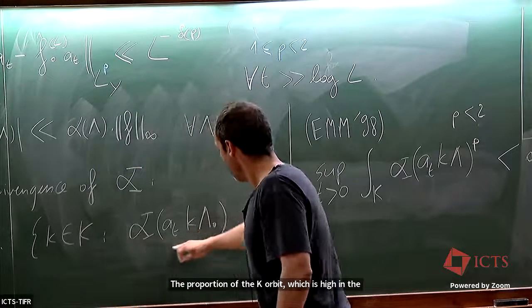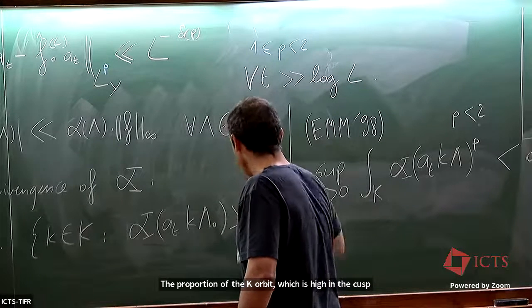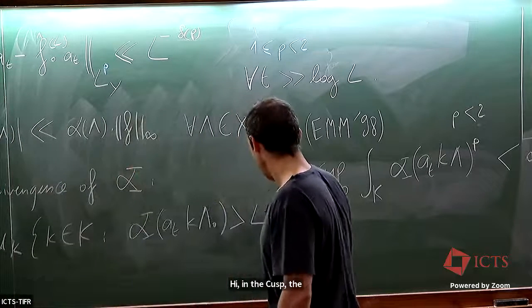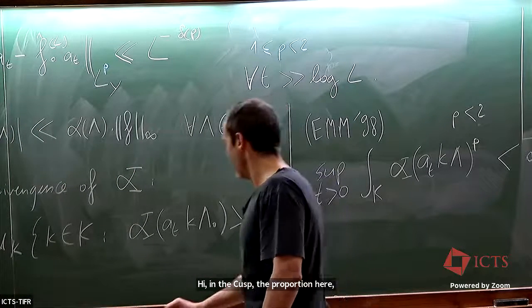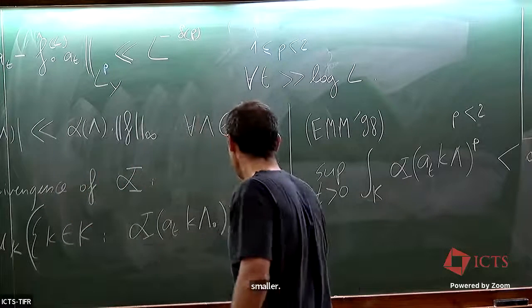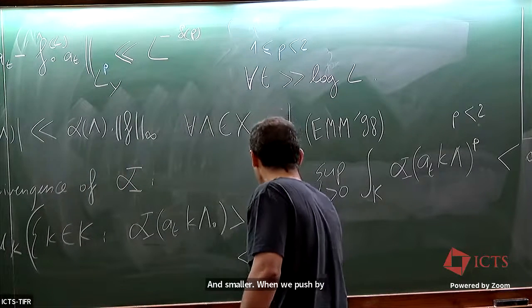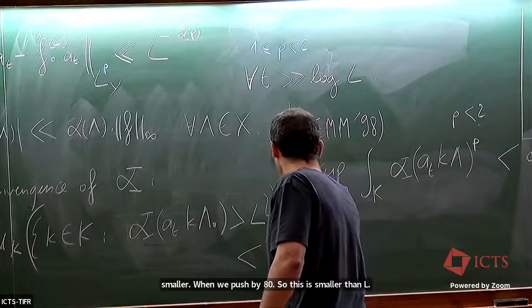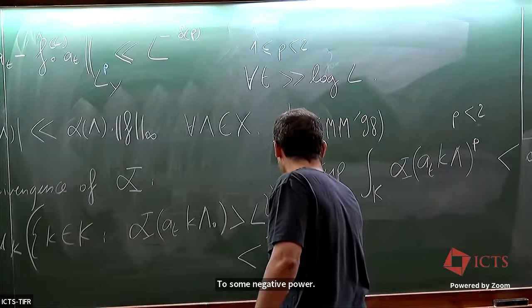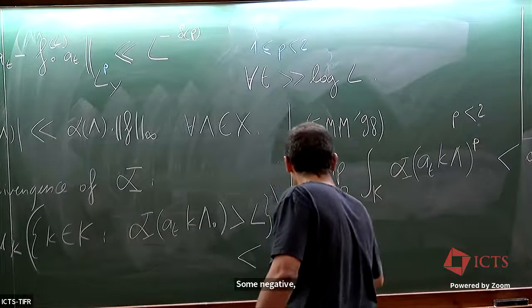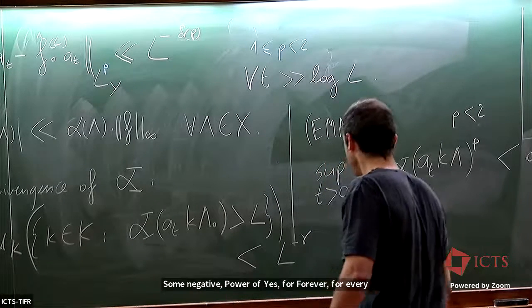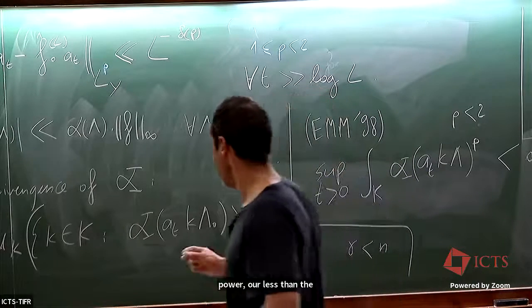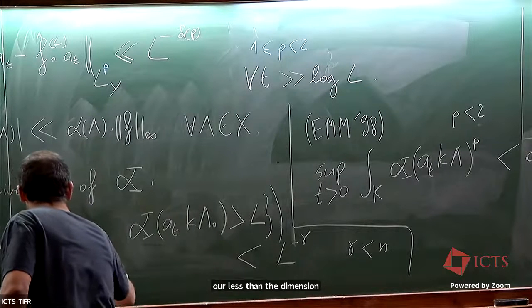high in the cusp, the proportion here gets smaller and smaller when we push by A_T. So this is smaller than L to some negative power, for every power less than the dimension, and for every T large enough.